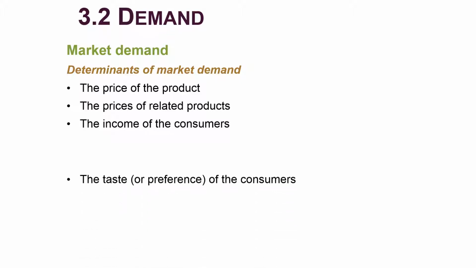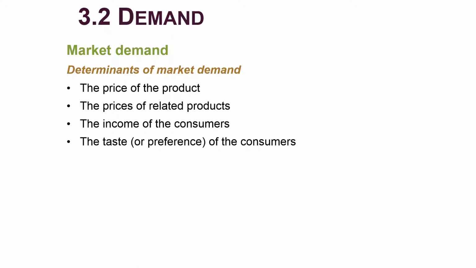The fourth factor that we would consider is the taste or preference of the consumer. A household's plan to buy tomatoes will also be influenced by their tastes or preferences. That is, if a household likes dishes with tomatoes as an ingredient, then they will plan to buy more tomatoes.